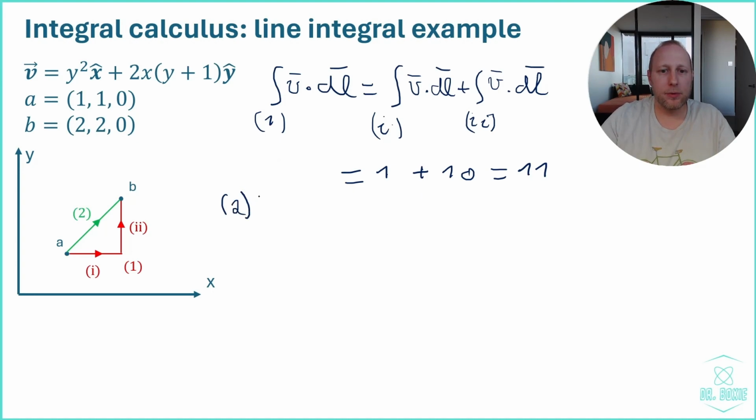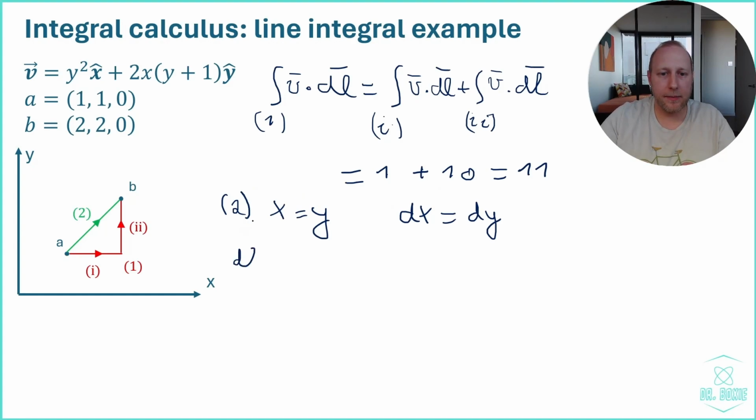And for path 2, we have that the value of x and y remain equal throughout the motion from A to B. We move along that green diagonal where x and y are equal to each other. And that also means that dx and dy are equal to each other along the whole path.